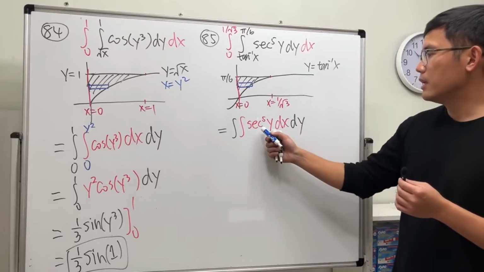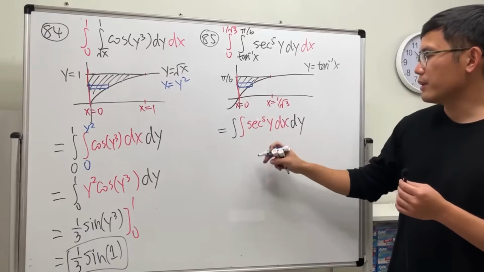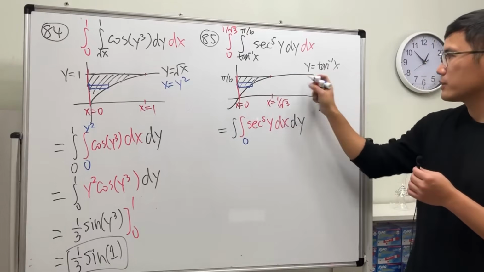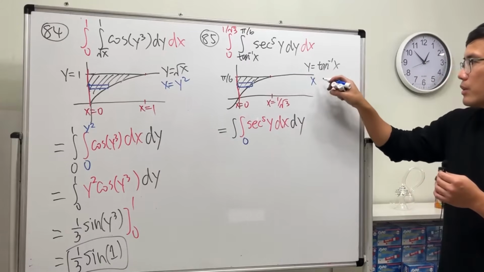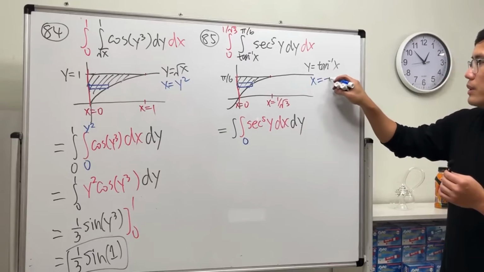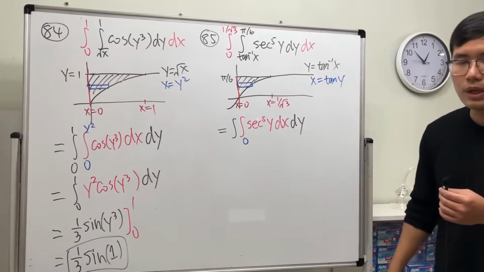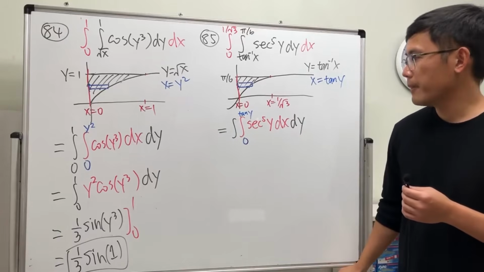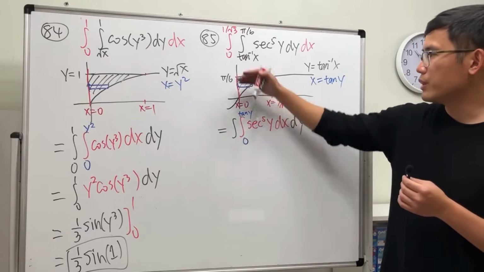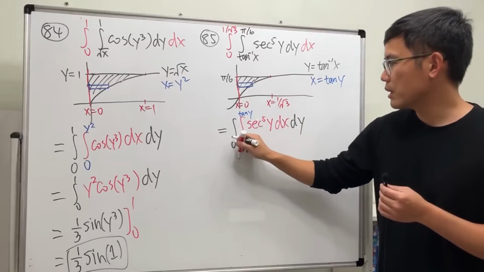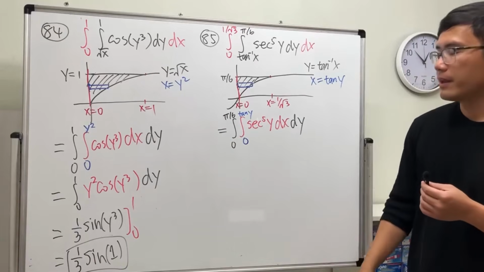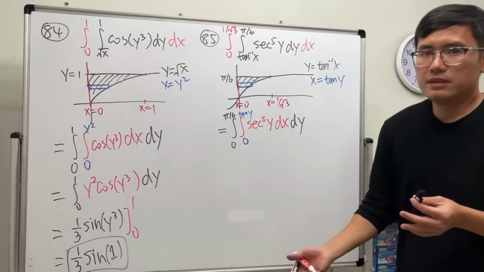dx. So from left to right, horizontal rectangle, start with 0. This is this function, meaning just go ahead and do x equals tangent of y. So here we have tangent of y. And then y goes from here to here, so it's 0 to pi over 6. Now, is this any better?